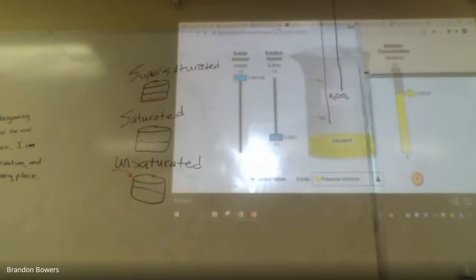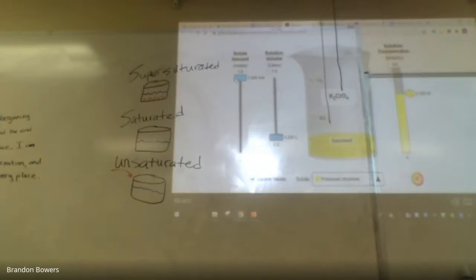I am right at the line. Right at that line is where you are saturated. You're adding just a little bit and a little bit more. Exactly. And then when I add a tiny bit more, I'm supersaturated. Saturated is the tiniest line. It is just the tiniest area you can be.